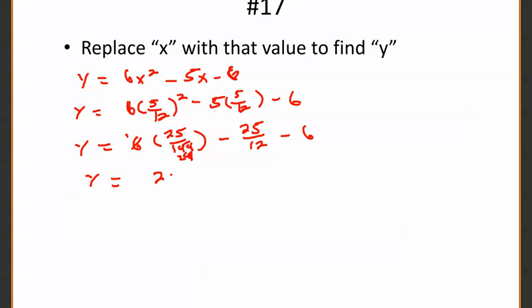So that gives us 25/24. Let's get a common denominator, minus 50/24. And then 144/24.